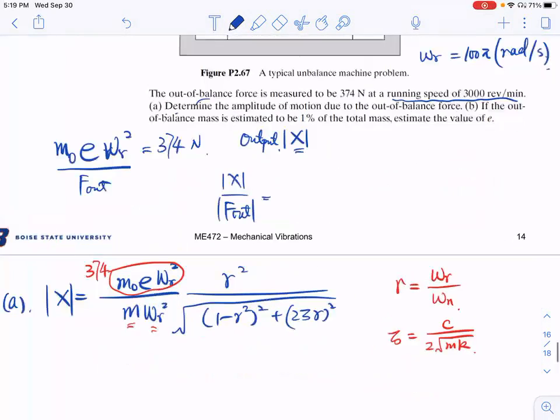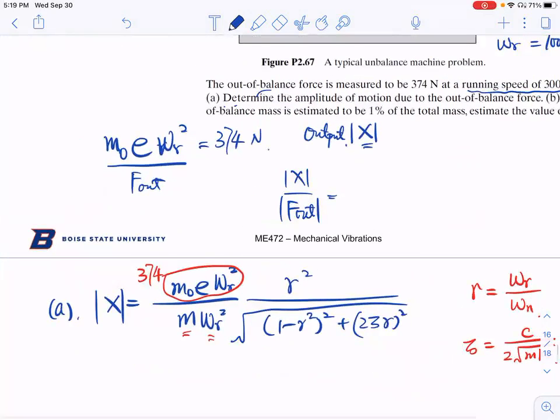Never mind. They already give that to us. Up to this point, they never tell us what m naught is, what the E is, but they give us the unbalanced force amplitude. So you just multiply everything by omega r squared, then you can replace the entire thing by that force.